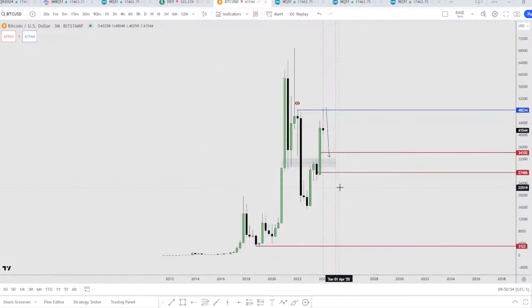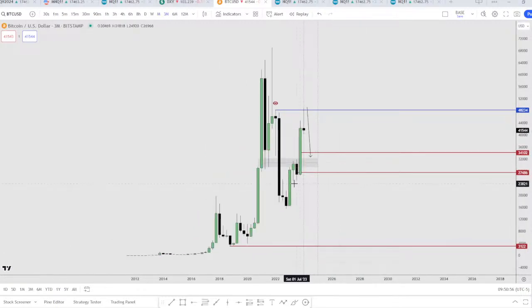if you look at the 3-month chart, we have a fair value gap down here. So if Bitcoin is to be bullish, this down close candle should not be violated. As long as this candle here can support the price, we can have another bull run.